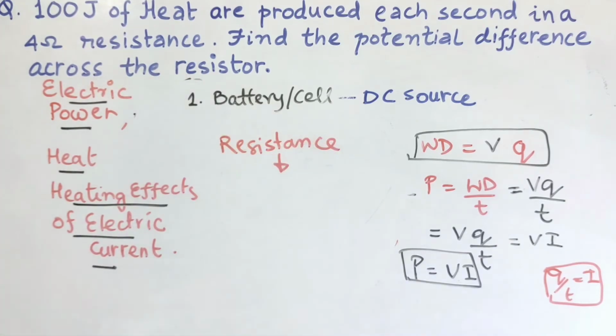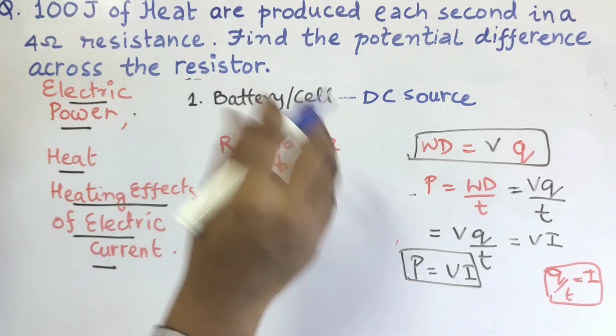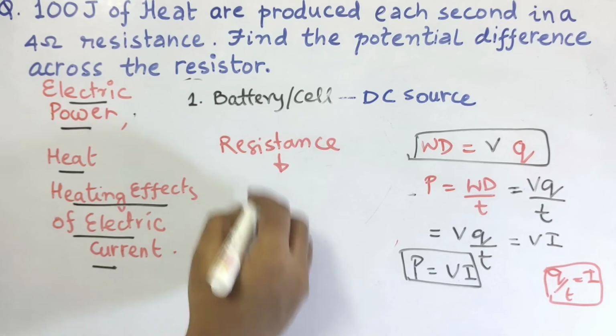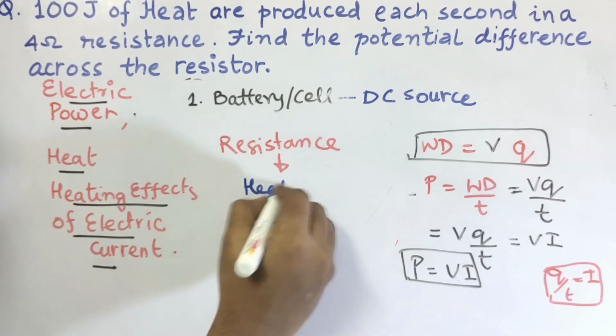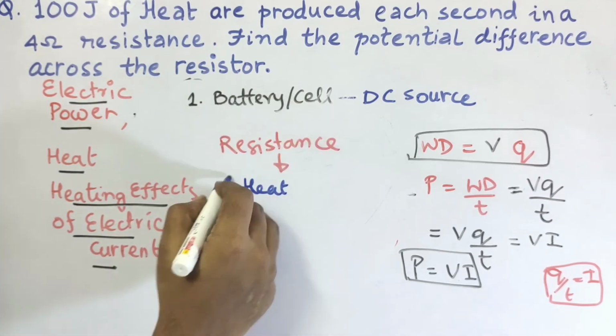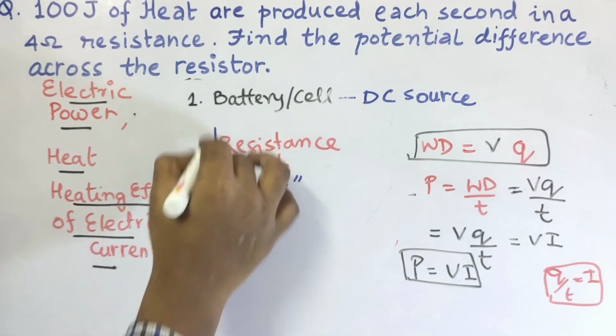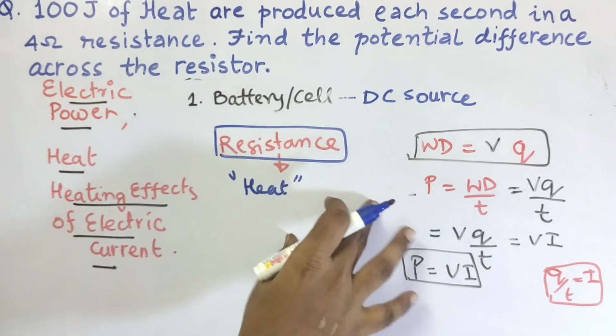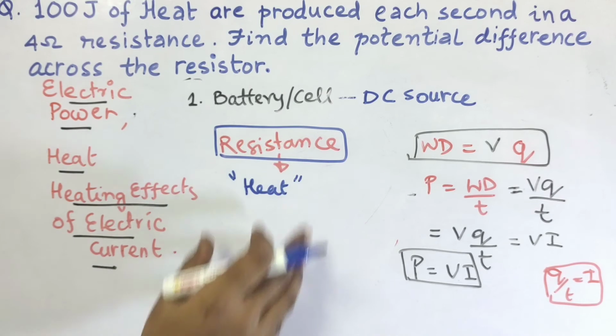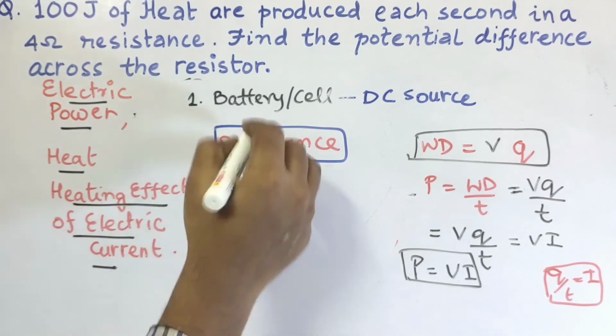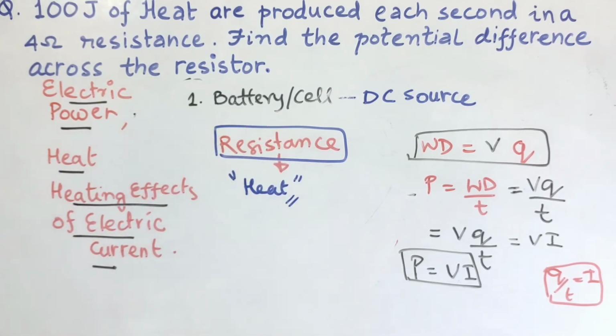So not all the energy is transferred to do useful work, but some of the energy is dissipated as heat. So every component will have resistance, and the resistance will dissipate the energy as heat.